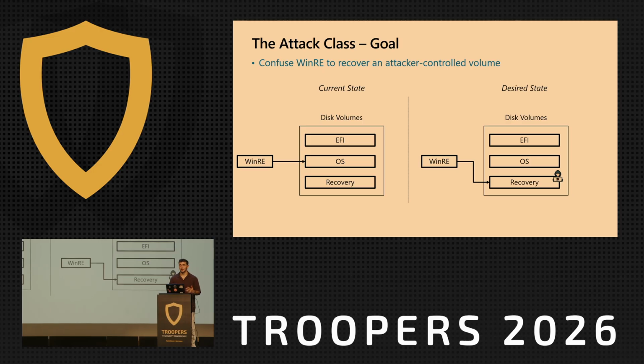As we said, any major difference would allow us to confuse the boot phase into unlocking the BitLocker encrypted volume, while having the WinRE phase recover an attacker-controlled volume. As a result of that confusion setup, all the sensitive files that WinRE reads from the target volume, which are typically out of an attacker's reach, would be fully controlled by us. And this exactly was our goal.